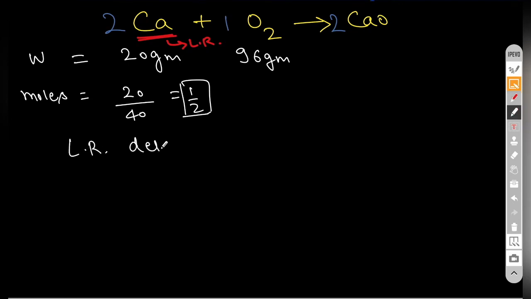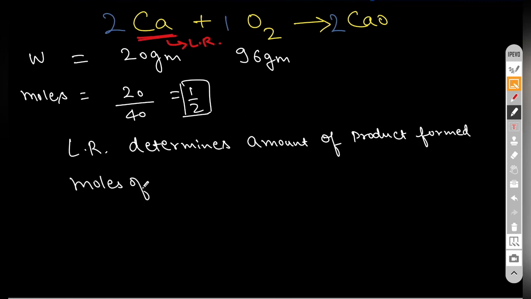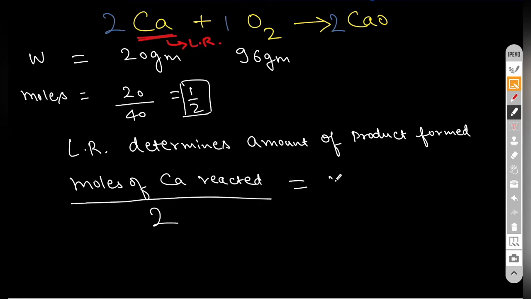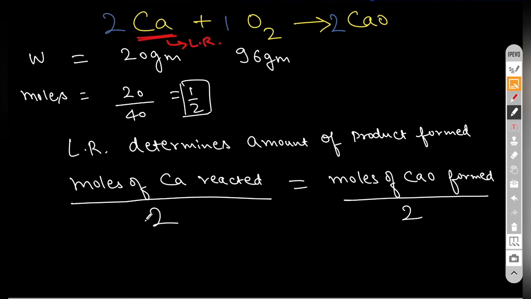So we wrote earlier that LR determines the amount of product formed, right? So we can write moles of Ca reacted, it's on the reactant side, divided by 2, which is the stoichiometric coefficient, is equal to moles of CaO formed, it is on the product side, divided by stoichiometric coefficient 2.